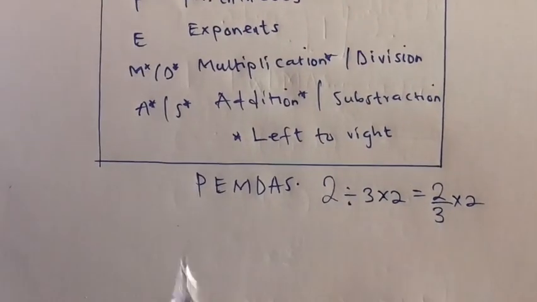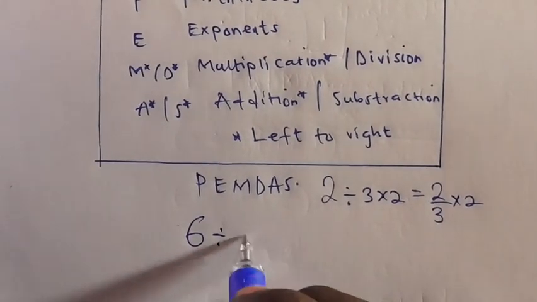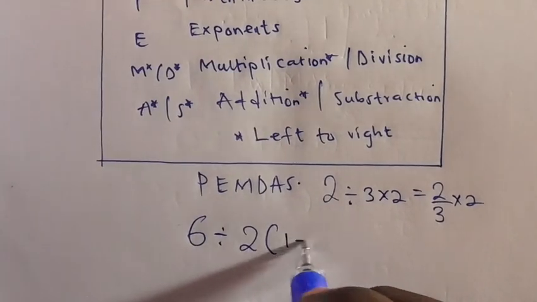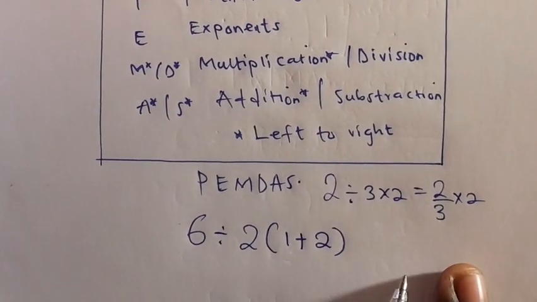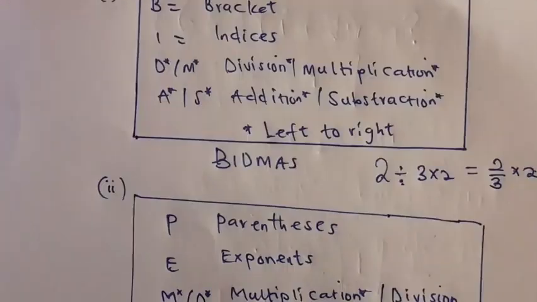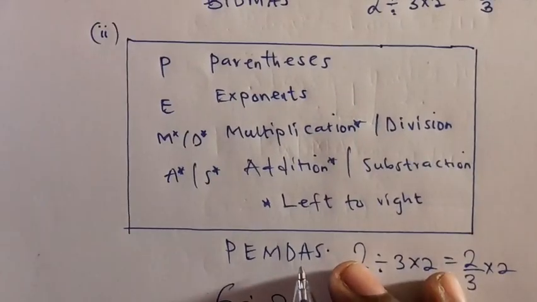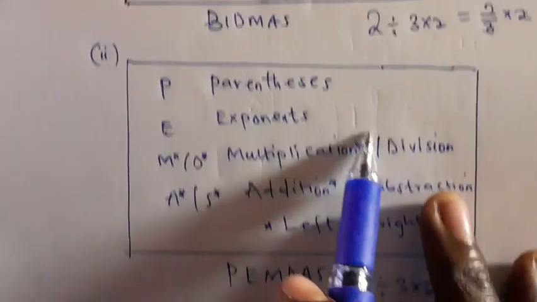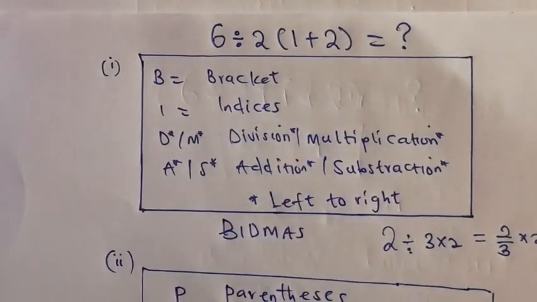Now in the case of us having this 6 divided by 2 into 1 plus 2, by applying whether BIDMAS or PEMDAS, we have parentheses first here, then we have bracket as well.